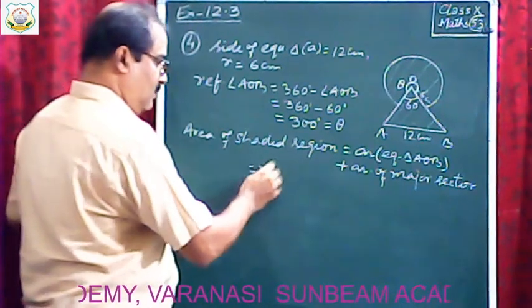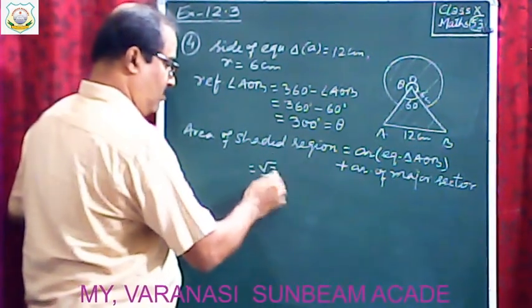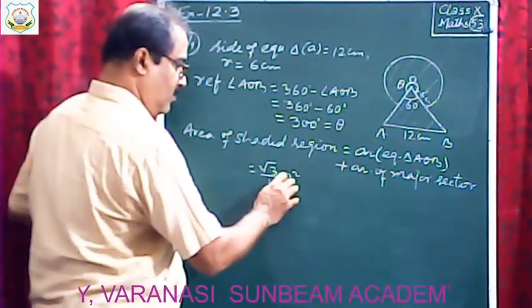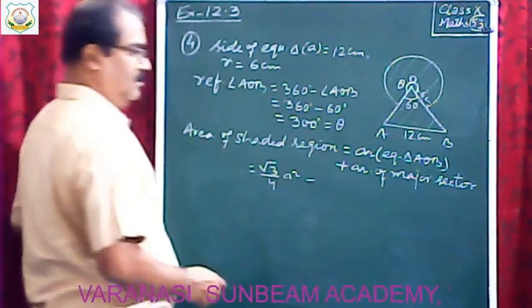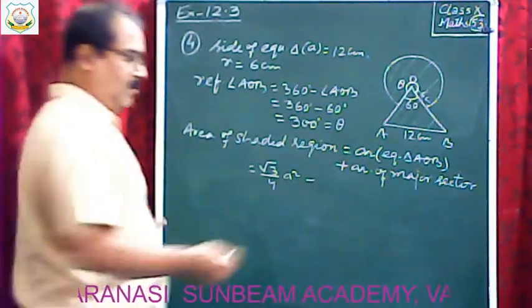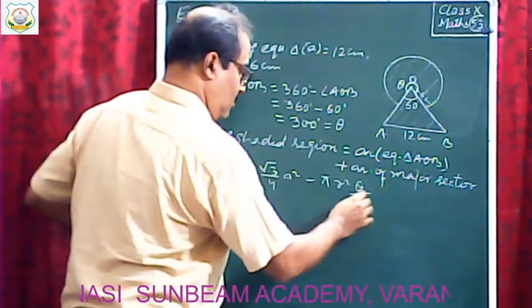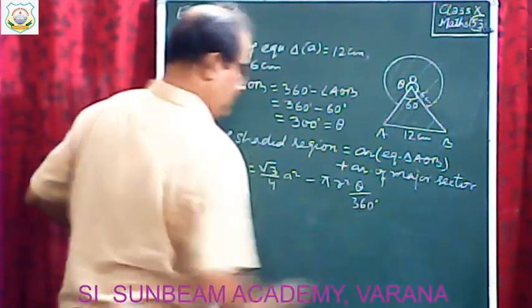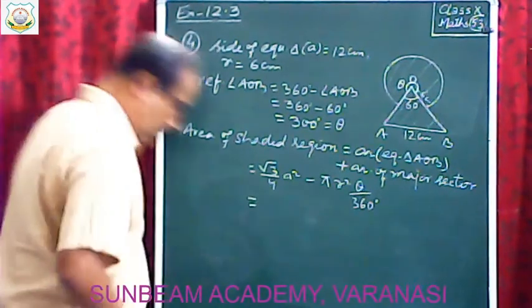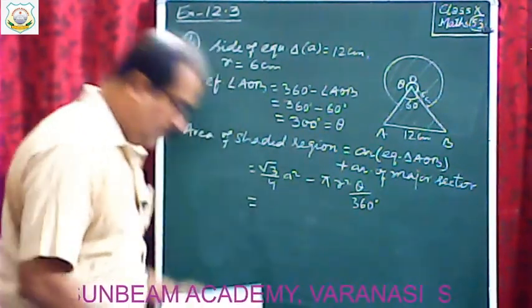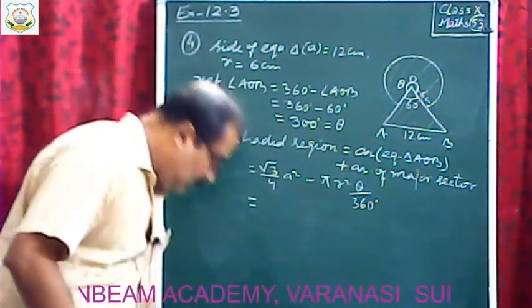Area of equilateral triangle, you know, is root 3 upon 4 a square, plus area of sector, same formula, pi r square theta upon 360 degrees. Value of root 3 given or not? Not given.